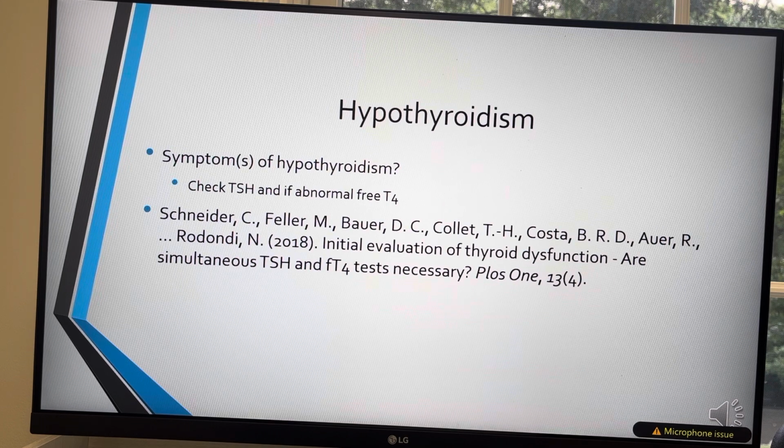Let's look at this study here. It involved 4,471 patients. They checked TSH and free T4, and excluded from the studies were those people who had a known thyroid problem. Checking the TSH alone would have missed 3.8%, or 169 people who had a normal TSH but an abnormal free T4.